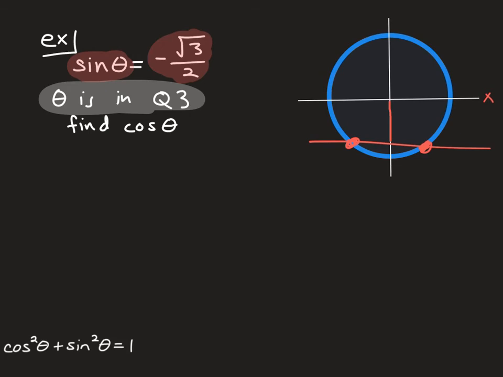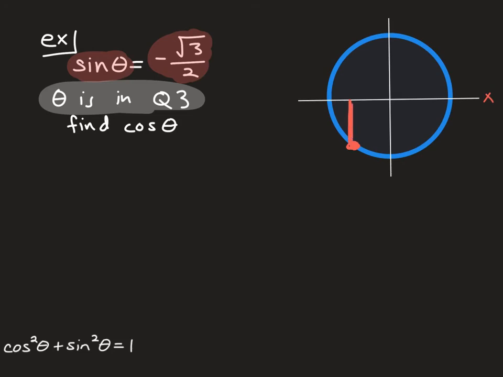So for quadrant 3, I'm just going to go ahead and erase this and put on the point that I want there. So I know that quadrant 3 is going to be a point somewhere around here. And this y distance, I'm going to go from the x-axis there.